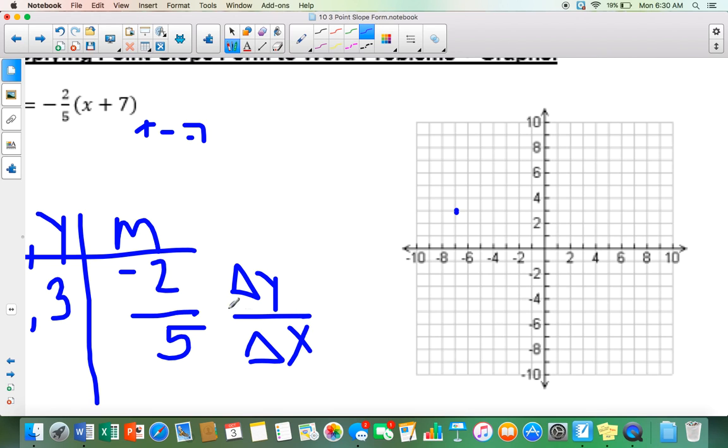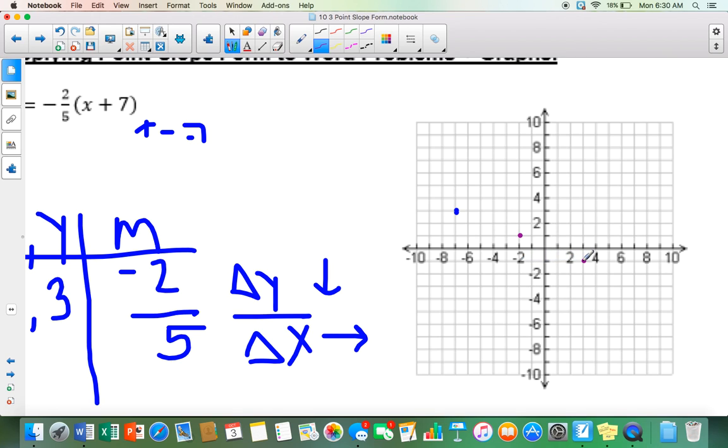I'm going to go ahead and leave it with my top number because that's just where I wrote it, which means I'm going to go down and then to the right. Okay, sometimes it helps if you write that over there. So I'm going to go down 2, to the right 5, and I'm going to put a point. I'm going to do it again. Down 2, right 5.